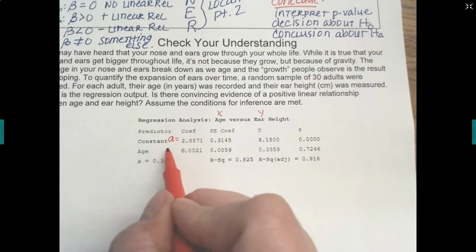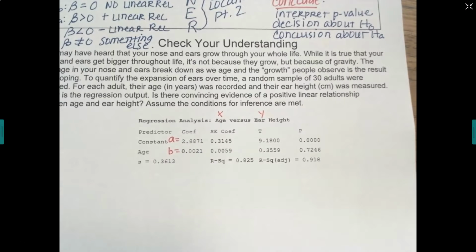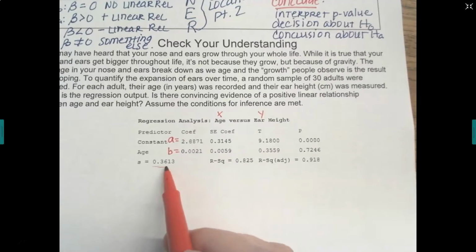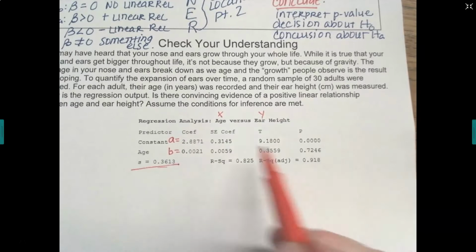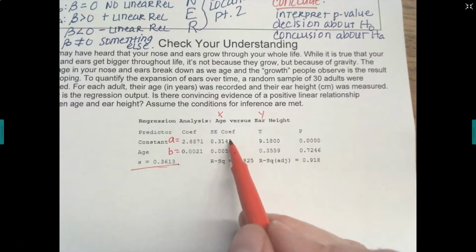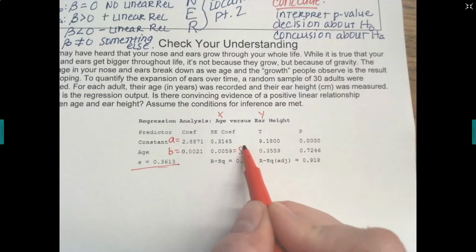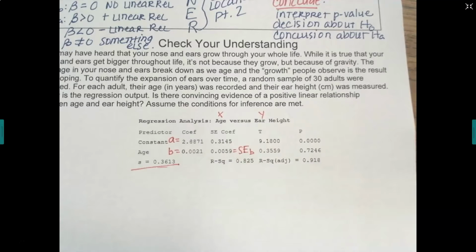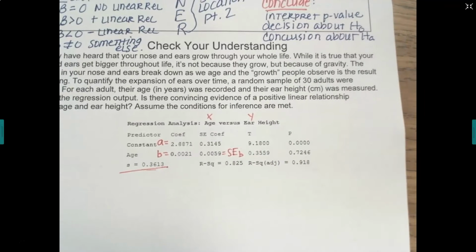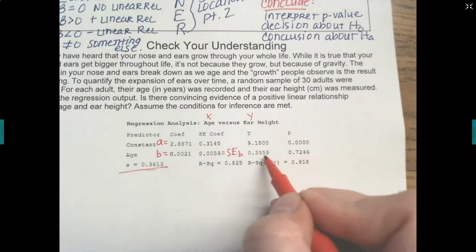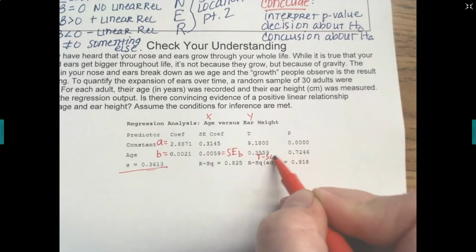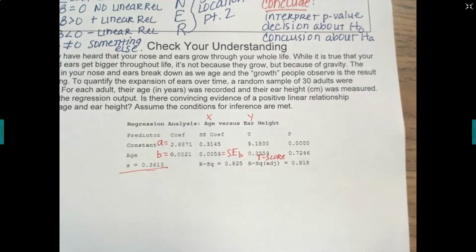Below it is always the slope, so the number down here is the slope. We had the standard deviation of the residuals right there. You've got the standard error of the y-intercept and the slope, but what you will be using is the standard error of the slope. Remember, under t here, that's your t-score, so you still have to work it all out.